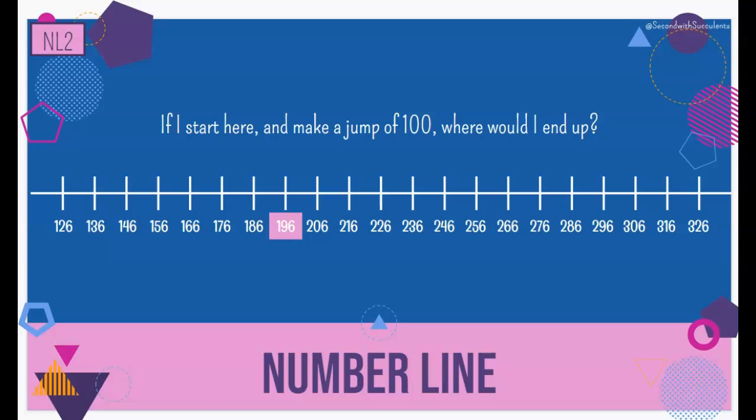What if I start here at 196 and make a jump of 100? Where would I end up? If you said 296, good work. Let's look at one more. What about 166? Where would I end up?